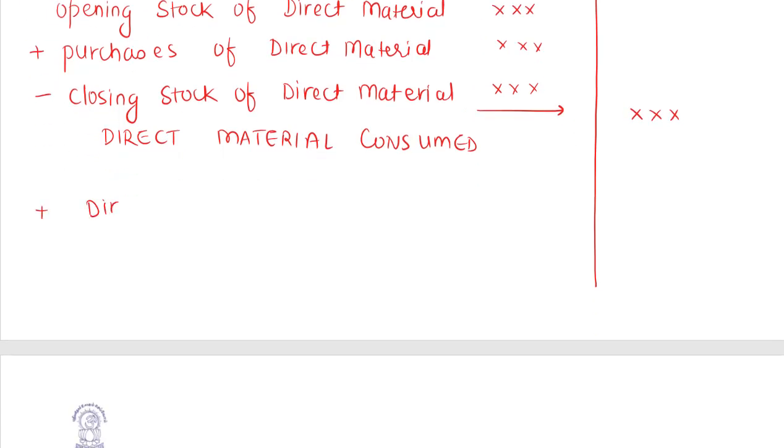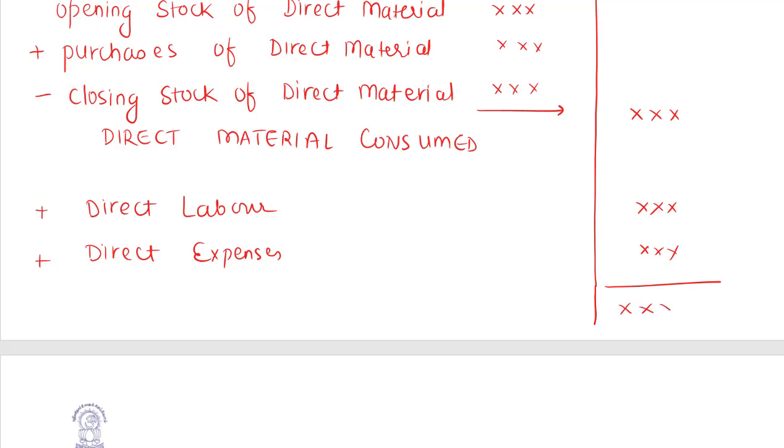Direct labor needs to be added into this, directly to the outer column, plus direct expenses. The summation of all these figures will give you prime cost.